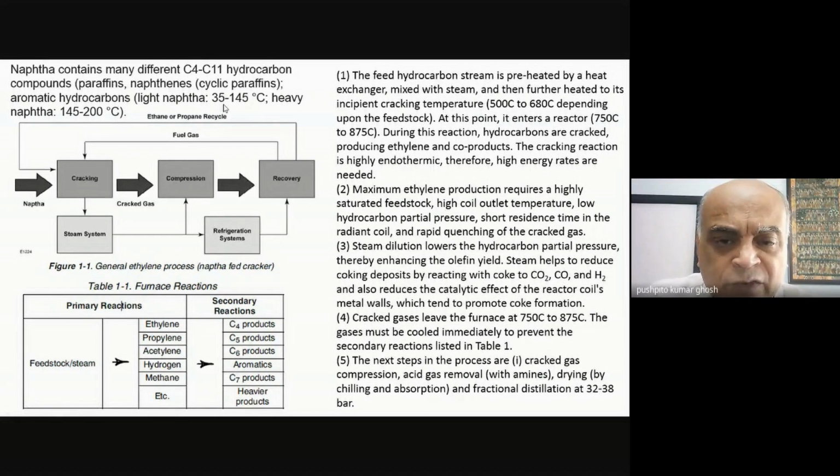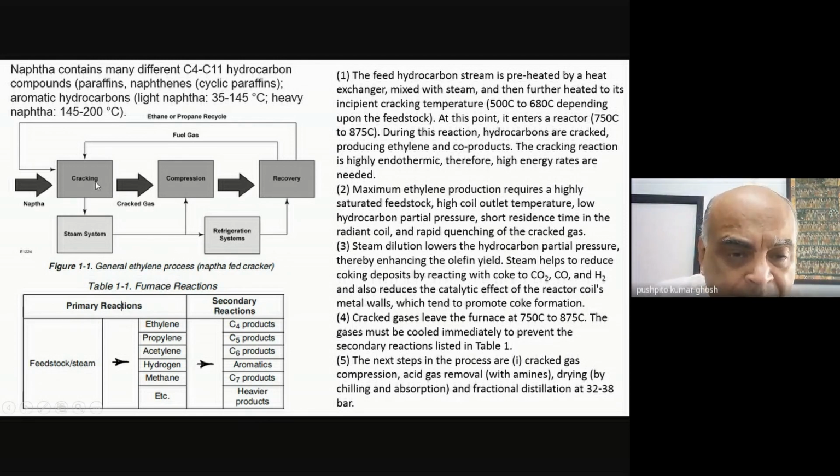So obviously, those are the kinds of things you'll be separating out after the fractional distillation, which follows from the crude distillation unit. This cracking normally takes place at very high temperatures. You can see over here that the cracking temperature is 500 to 680 degrees centigrade, it's very high.